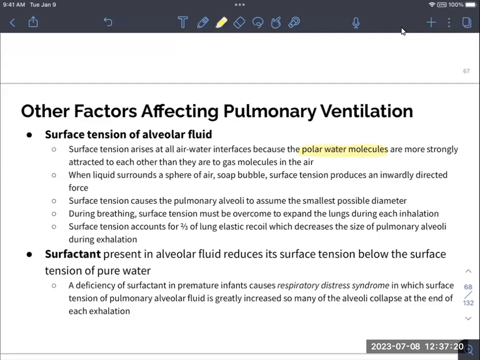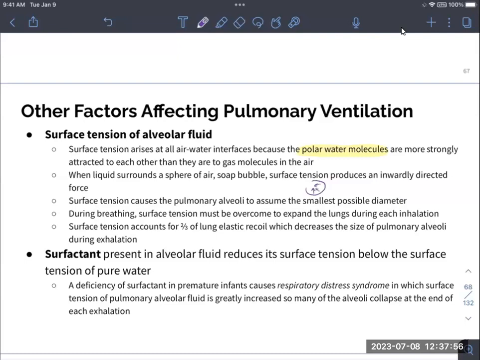So when liquid surrounds a sphere of air, like a soap bubble, this surface tension actually produces this inward force. So if we have this alveoli, per se, surface tension is traveling inward. So this surface tension is causing these alveoli to be as small as they possibly can.